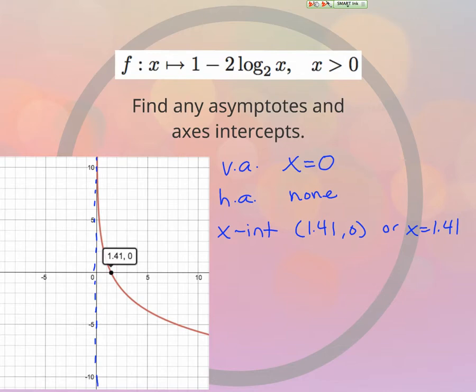So you're going to use the second key and hit the trace button. And then you've got a whole bunch of options, and it says value, 0, minimum, maximum, intersect, and then some calculus stuff. So which one of those do you think our x-intercept would fall under? The zeros. Remember we talked about that in chapter 1, that where we cross the x-axis, those are the zeros. So you're going to select 0.